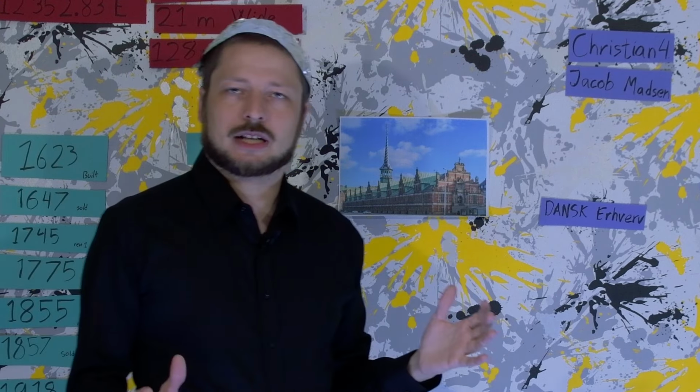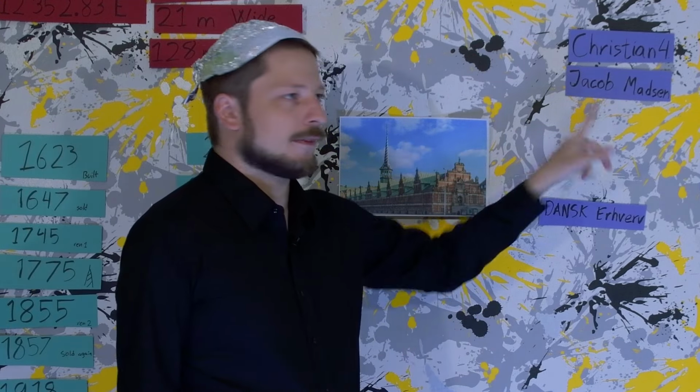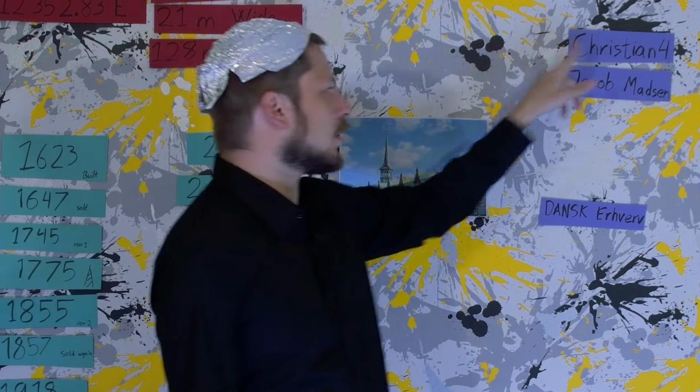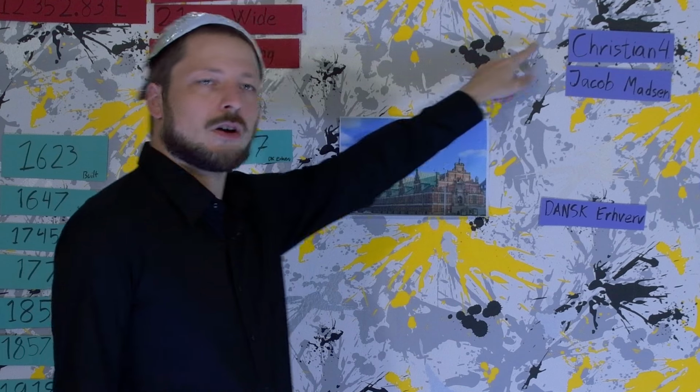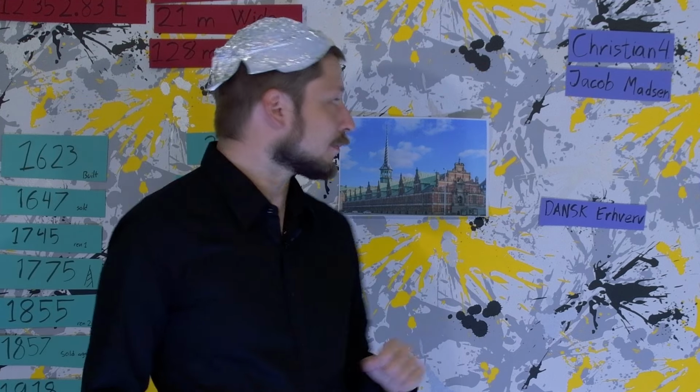Now he was basically scared for his life, because he might think himself, due to his business, to be irreplaceable, but we were also in a time where the king had all power and could basically chop the head off anybody he deemed fit for it. So Jacob Madsen decided to get himself some insurance.